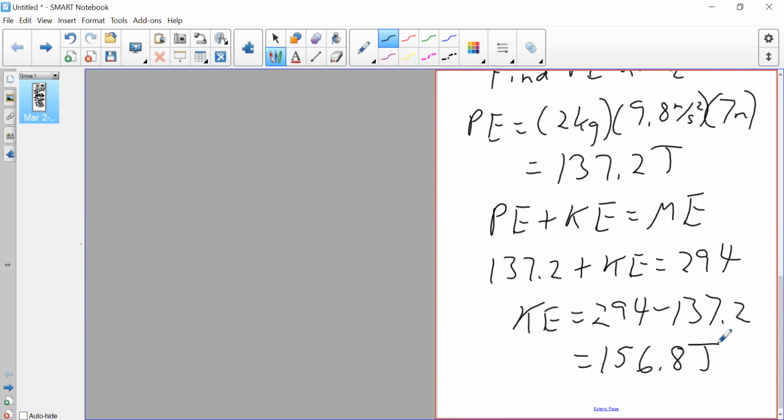Since 7 is slightly less than half of the total height, you're actually going to have more kinetic energy after the halfway point. This halfway point is 7.5. Anything less than that, the energy is going to increase in the kinetic band, if you will.